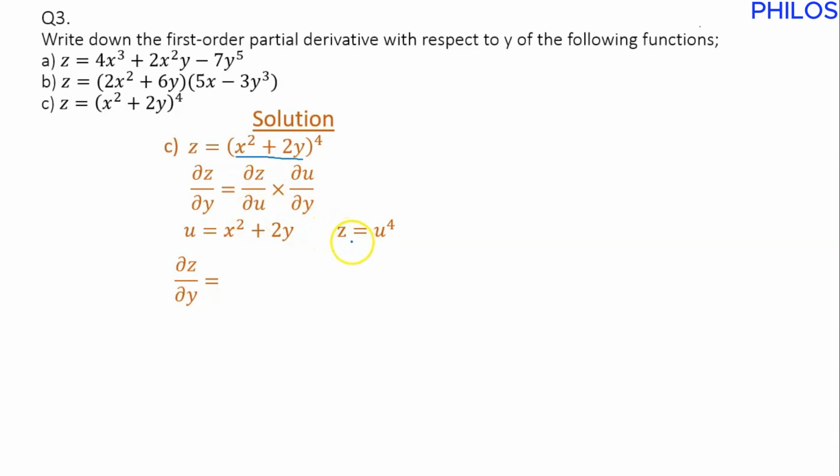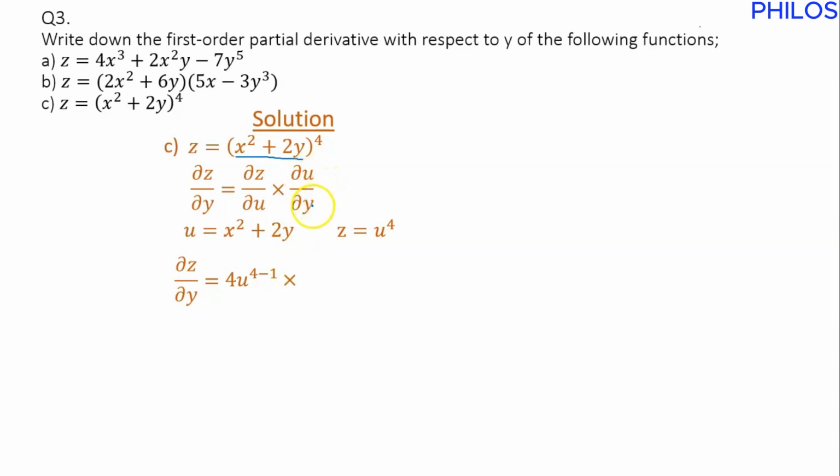Now we differentiate z with respect to u, and to do that, we use the exponent of u, which is 4, to multiply the u exponent 4 and subtract 1 from the exponent. So that will be 4 multiplying u exponent 4 minus 1. Then times, so we bring the multiplication.